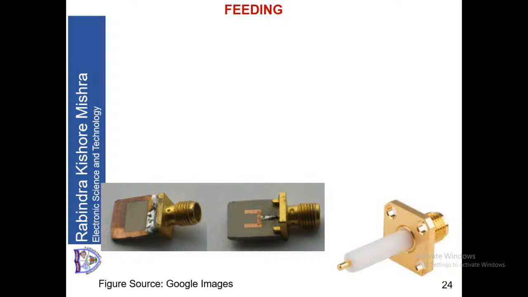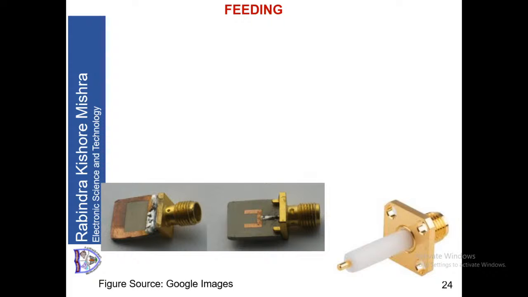One is the outer part, shown as the flange, or the portion connected to the flange on the back side, where you can see there are grooves on the back side. That portion is the outer connector.